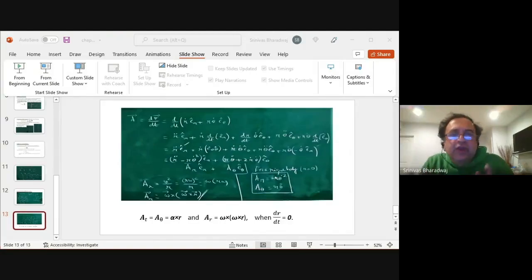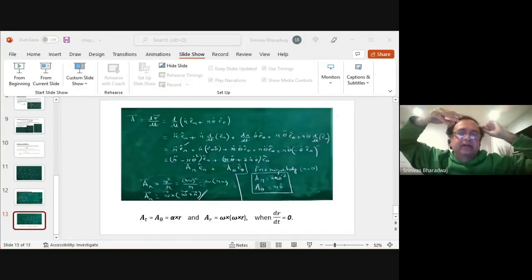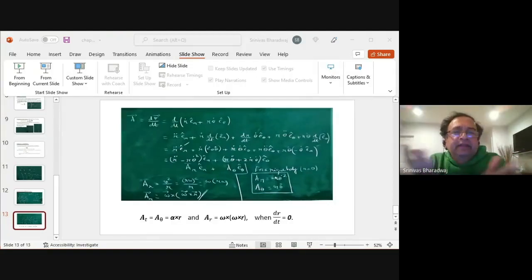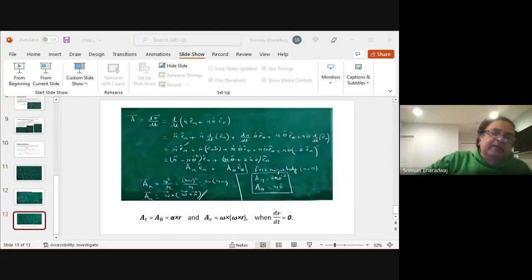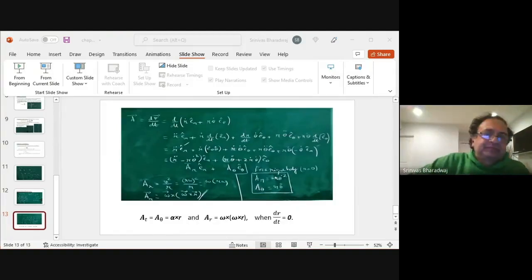Okay, so now when something has both a radial and a tangential acceleration, using that, you take the derivatives. These derivatives are what they are discussing in this slide: motion of a particle in two dimensions. When you discuss motion of a particle in two dimensions, you have to include its motion with respect to the radial and tangential.